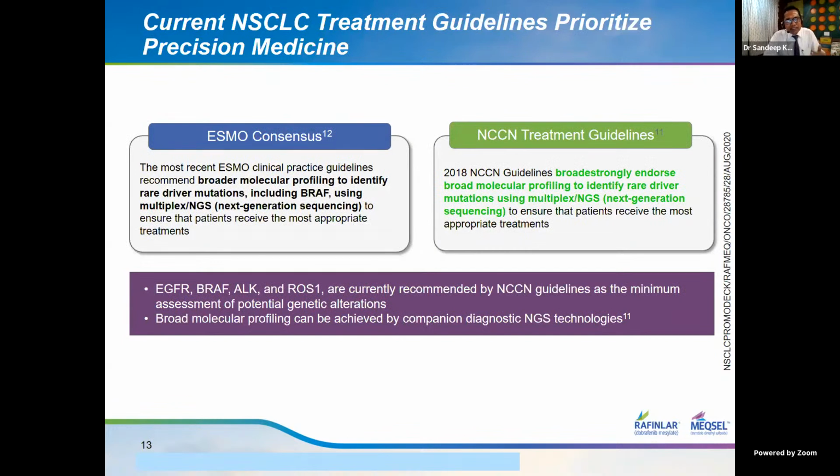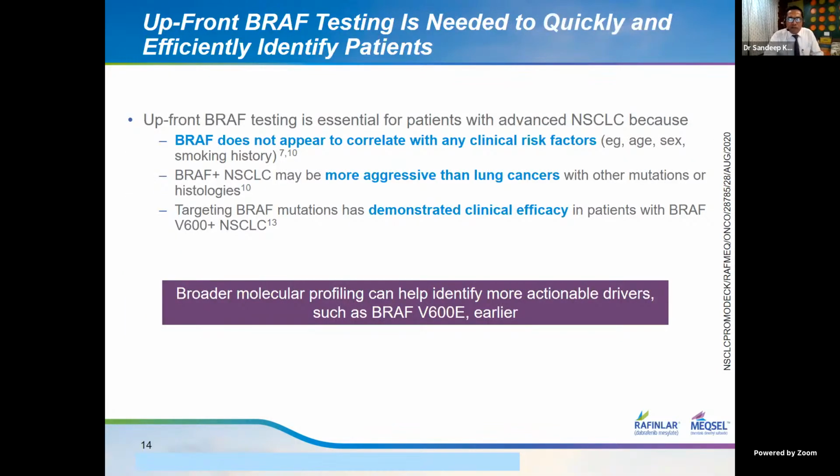The ESMO consensus clearly states that broad molecular profiling should be done for patients with rare driver mutations, including BRAF. Again, the NCCN guidelines recommend that broad molecular profiling should be tested, including rare driver mutations like BRAF, ROS, and HER2 as well. So upfront BRAF testing is very essential.